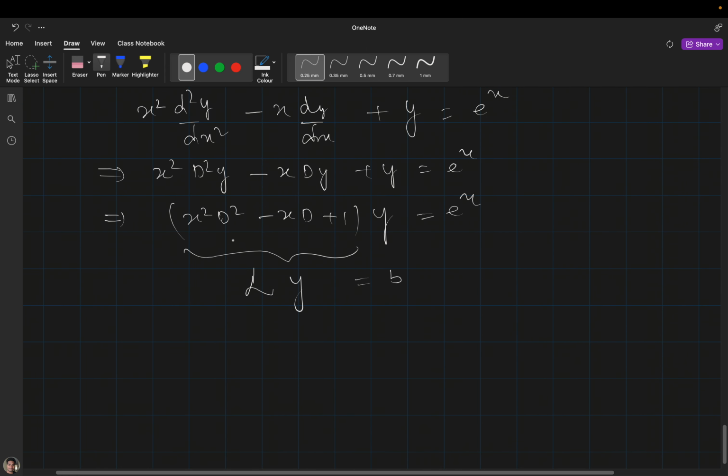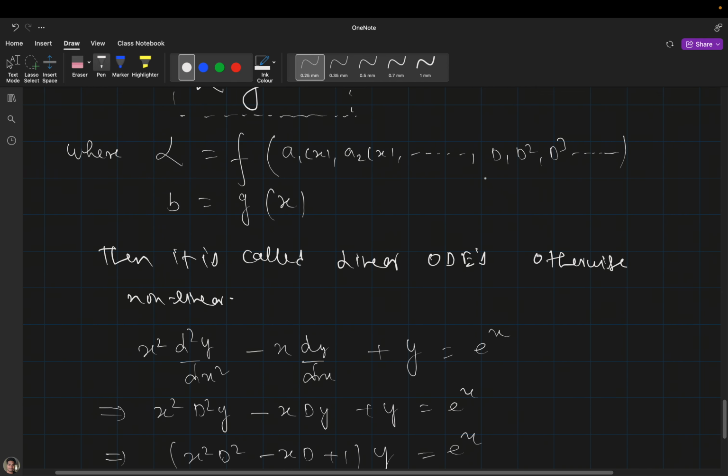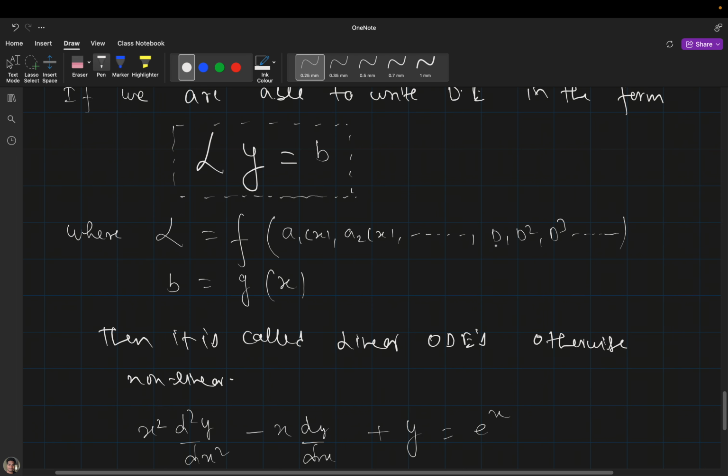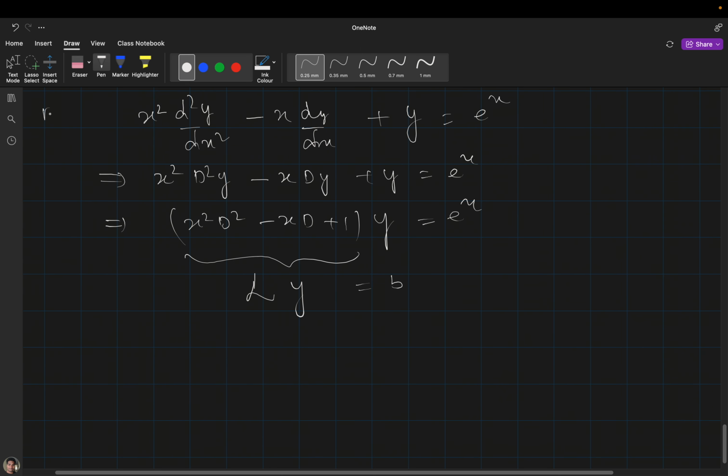You can see that this L is actually a function of x and the operator D, not a function of y. So that's why this differential equation is called linear ODE. Now take another example.